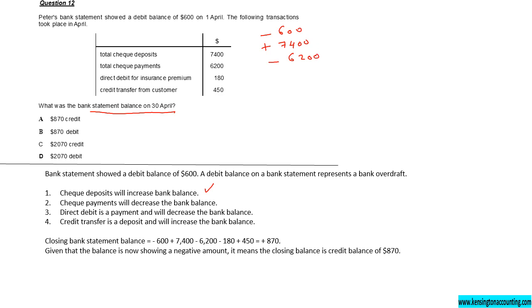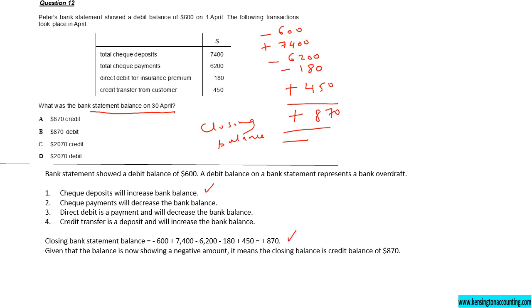Third item, direct debit, is a payment. A payment will reduce the bank balance. Lastly, the credit transfer from a customer is equivalent to a deposit, therefore this will increase the bank balance. If we add it up, the closing balance will be positive 870.